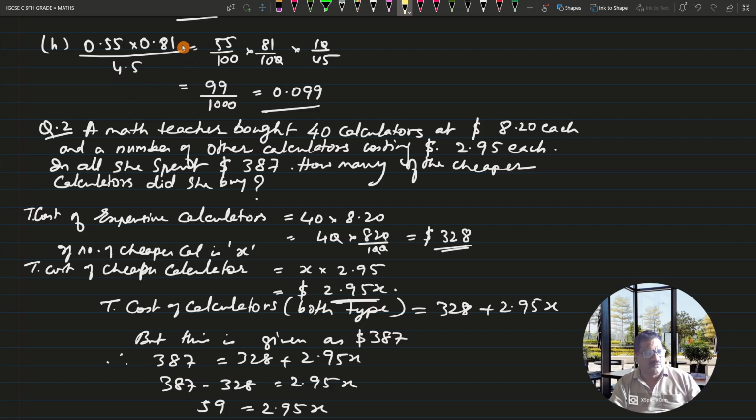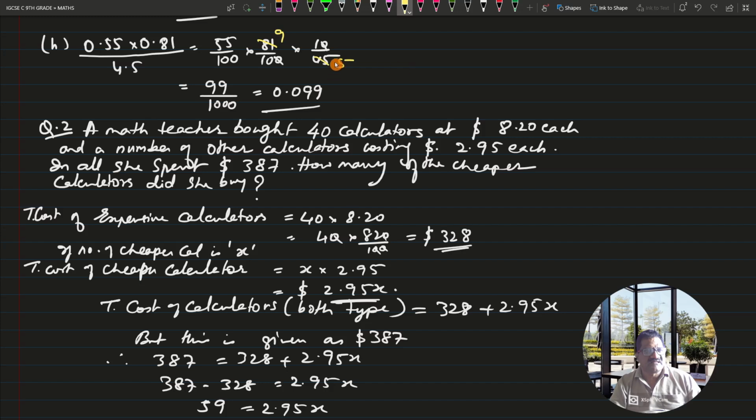When I convert this division into multiplication, what will happen? After the division you have 45 upon 10, so you have to invert it. It will become 10 upon 45. So 55 upon 100 into 81 upon 100 into 10 upon 45. This is what you get. Now this 10, this 10 will be cut. 9 9 is 81 and 9 5 is 45.